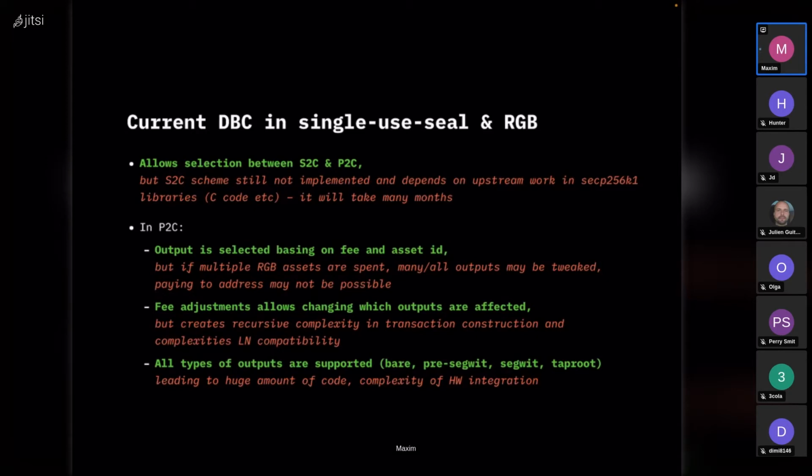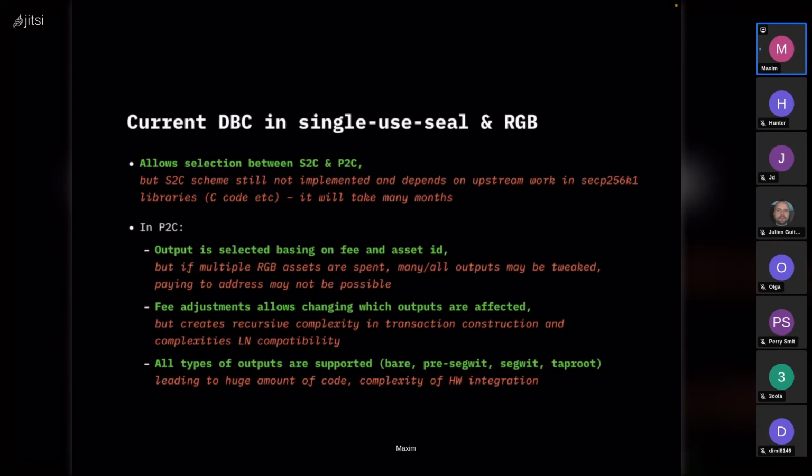All types of outputs are supported, because if we use a fee plus protocol ID, we can't guarantee into which type of output the commitment should go. That's why we need to support all types of outputs.